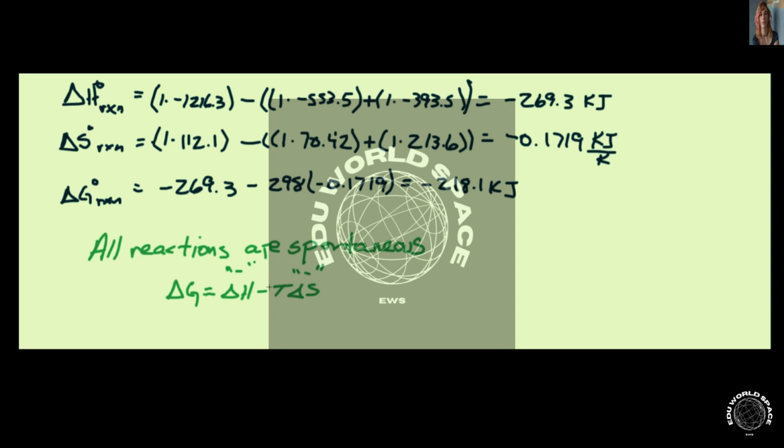Because this negative times a negative is going to altogether wind up being positive. So the higher this T value is, the more positive the entire term becomes, and the more positive the delta G will be.